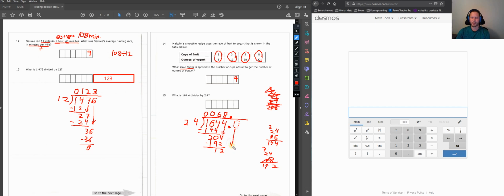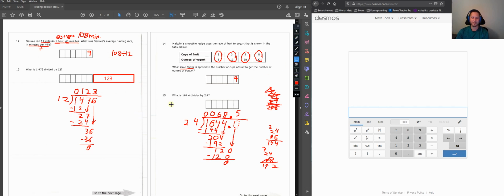So we add our 0 and carry it down. 24 goes into 120. I'm going to let you know right now, it's 5 times. 5 times 24 will give you 120 exactly. That is how you're going to do these types of problems, even if they are in calculator inactive section. So, kind of the same as the past couple of problems we have done.